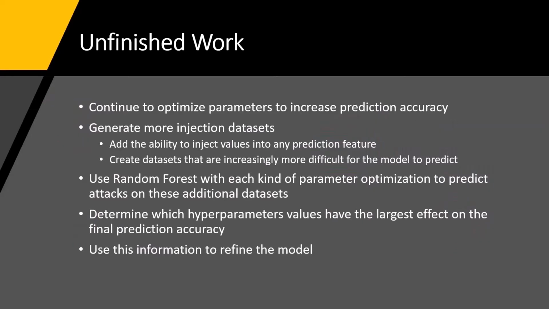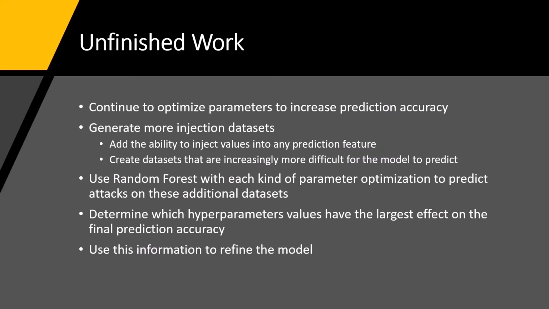For our unfinished or future work, we could continue to optimize parameters to increase prediction accuracy, generate more injection data sets, and modify the injector and add the ability to put values into any prediction feature. Right now it's hard-coded as energy consumption, but we could add costs, time, stuff like that. Create data sets that are increasingly more difficult for the model to predict, more close to real life.